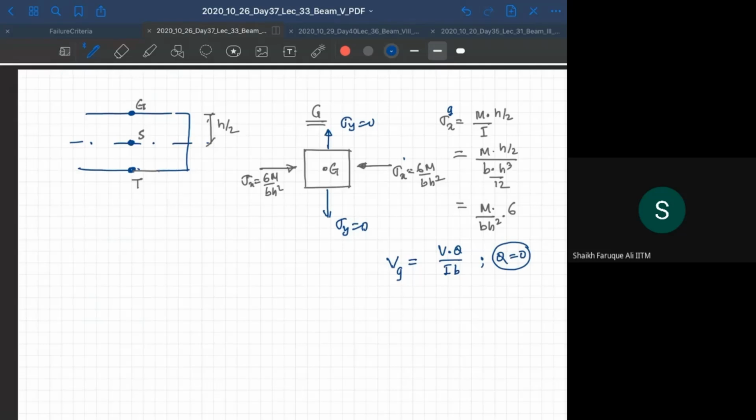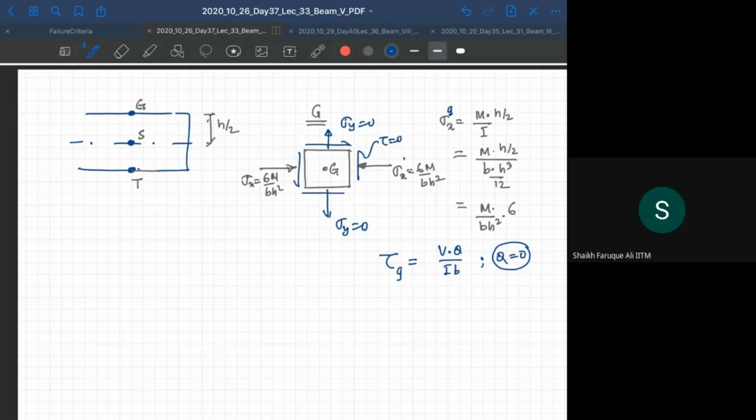Because y is h by 2. So Q is going to be 0 there. So tau of G is going to be 0. There is no shear stress. If you draw it, you put tau equal to 0, or else you don't draw. Either way.